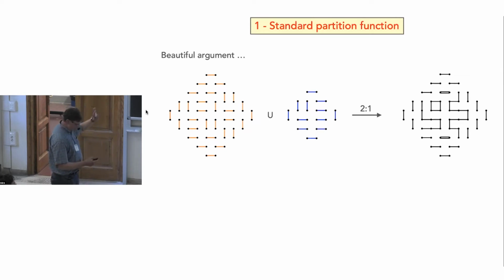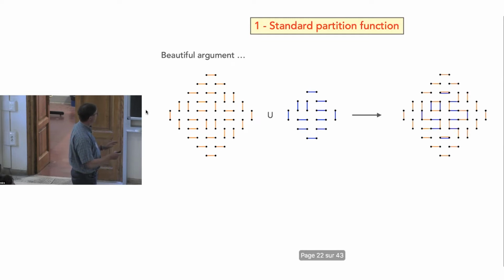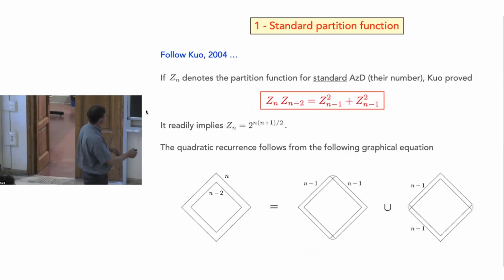Now you try to redistribute all the dimers here into two order n-1 perfect matchings in this way, either shifted horizontally or shifted vertically.